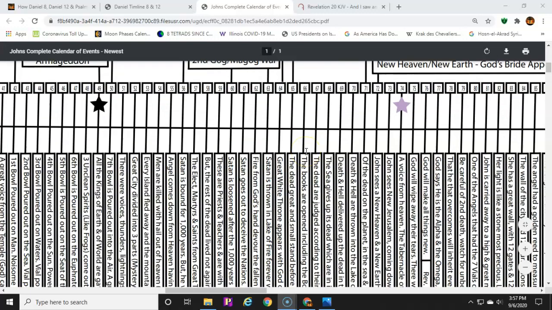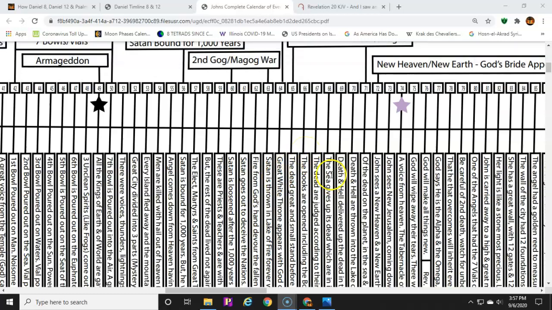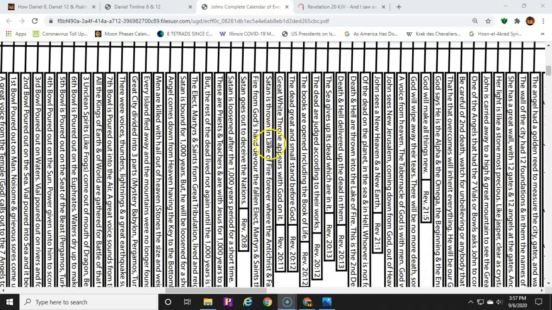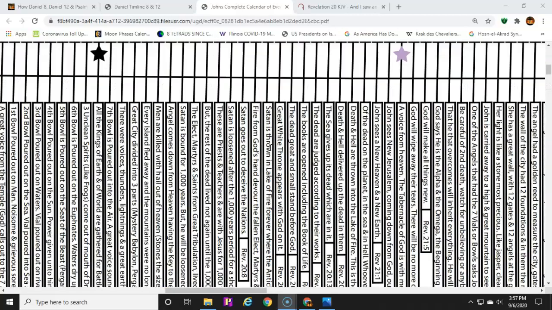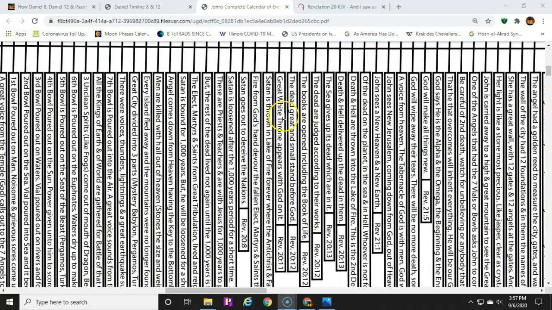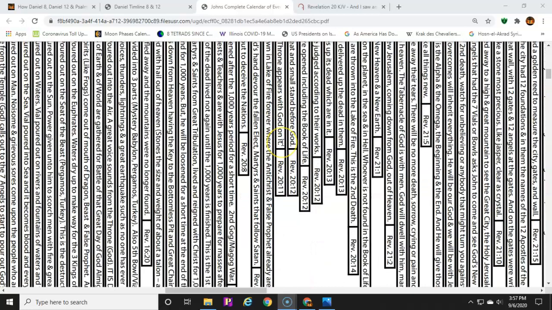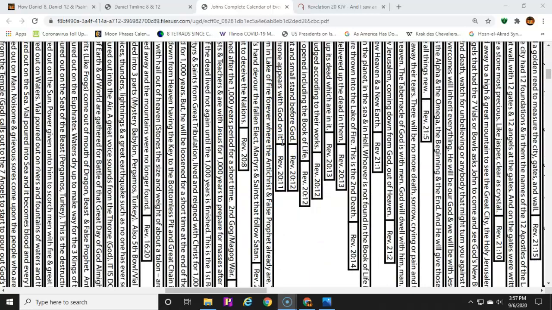And then what happens? Right after this, we have the start of what I call the second rapture. Satan is thrown in the lake of fire, where Antichrist and the false prophet already are, and they will be tormented forever and ever. The great white throne then appears with God on it. So he is now on earth.